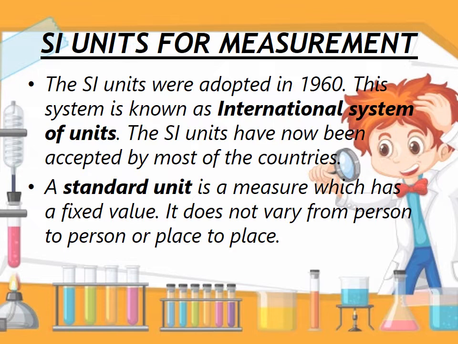SI units for measurement. The SI units were adopted in 1960. This system is known as International System of Units. The SI units have now been accepted by most of the countries. A standard unit is a measure which has a fixed value. It does not vary from person to person or place to place.